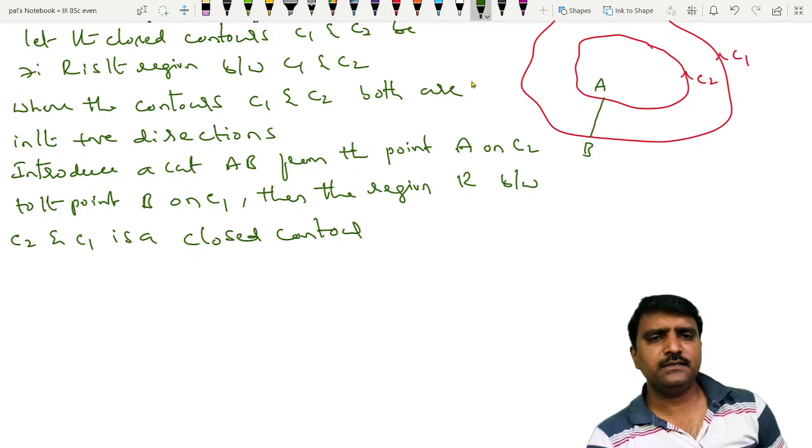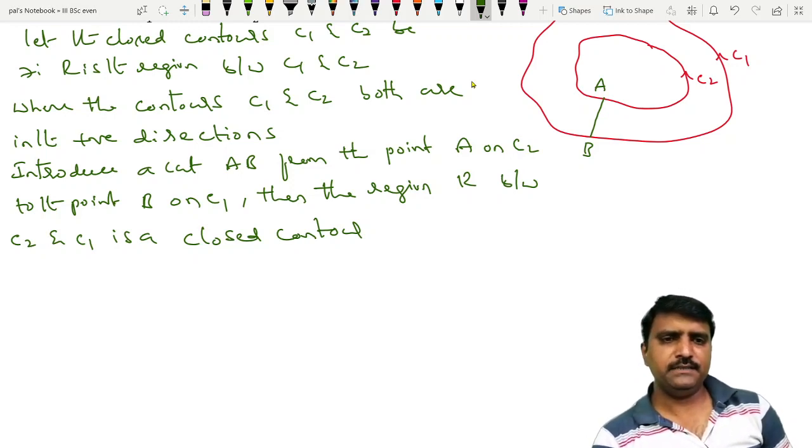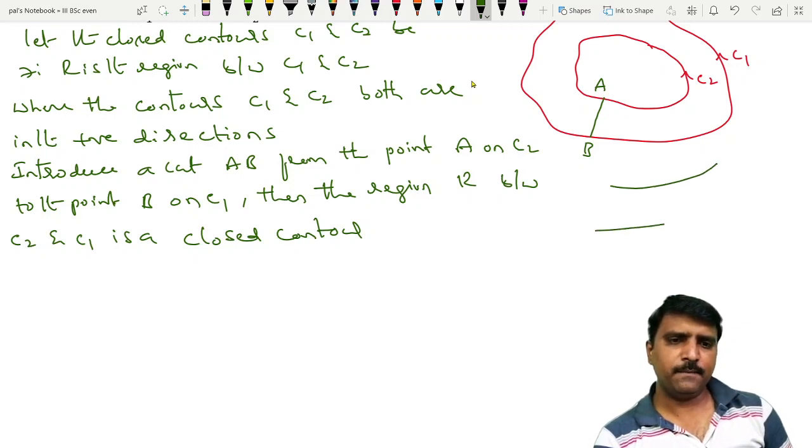When we introduce this cut, if we cut this region here and take its parts, it may look like this. So this is the point A and this is the point B. On the other edge also we have the same points, because if this is A, then from this side it will also be A and B. So this is the inside region, this is the outside region.